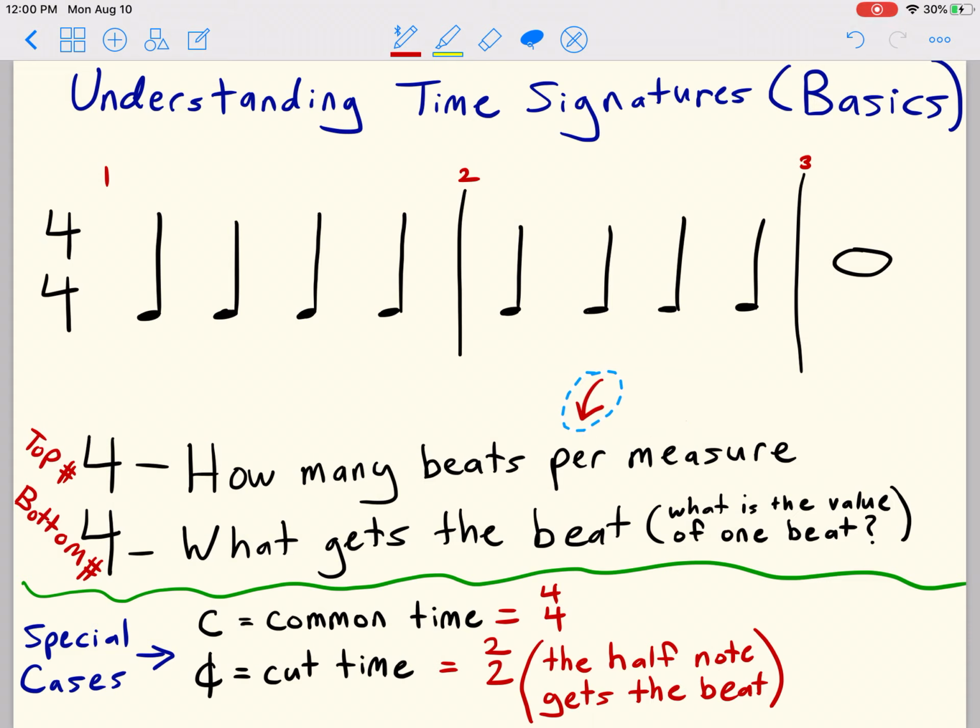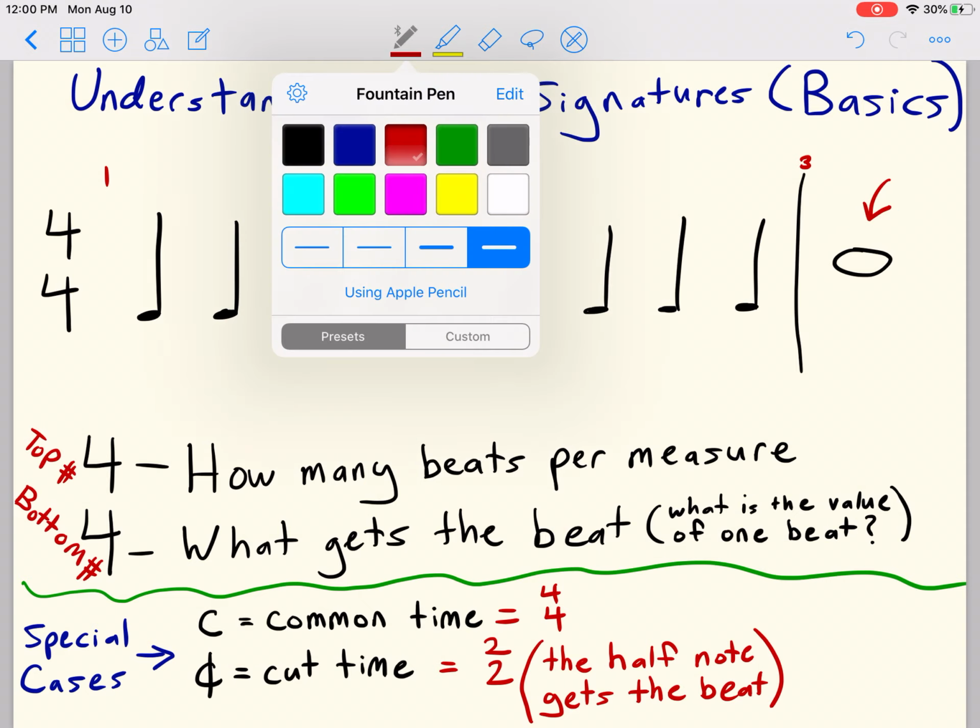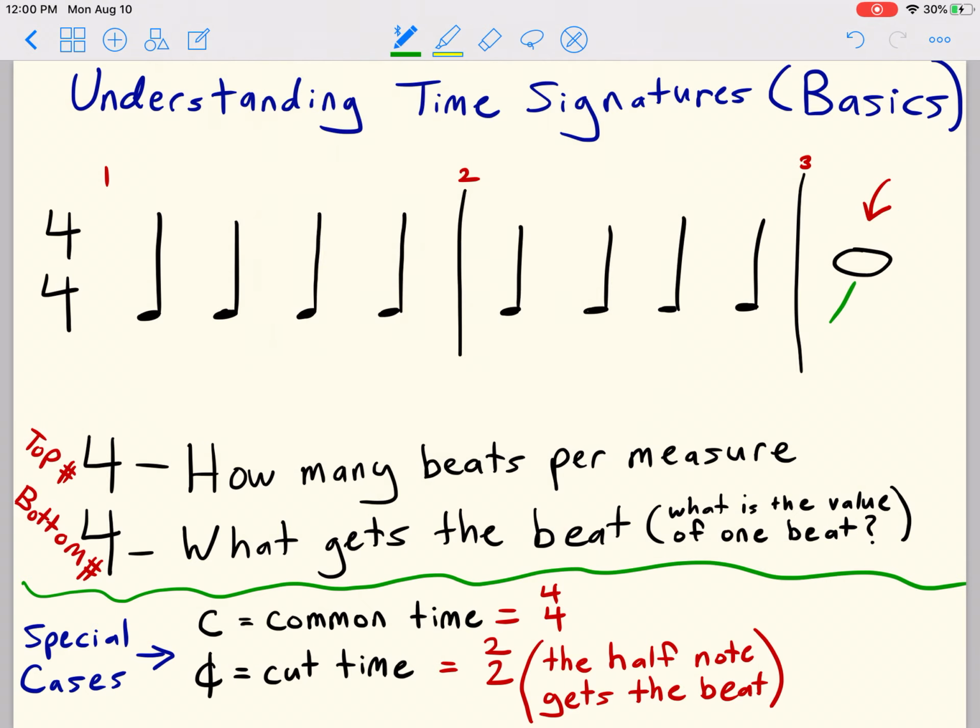When we talked about why quarter notes are called quarter notes in the previous video, we talked about how if you get a whole note and divide it up into 4 equal-sized pieces, 1, 2, 3, 4, you're going to get 4 quarter notes. And that's really important to know.